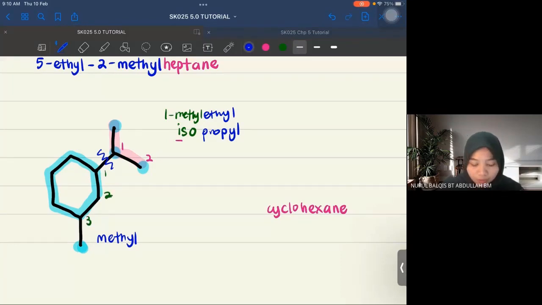If you start from this methyl, you have 1, 2, and 3 as well, meaning 1 and 3. So when the possible combinations are the same, you must prioritize according to the alphabet. Okay, so we have I, so we want to put the numbering at the iso, 1 or 3.